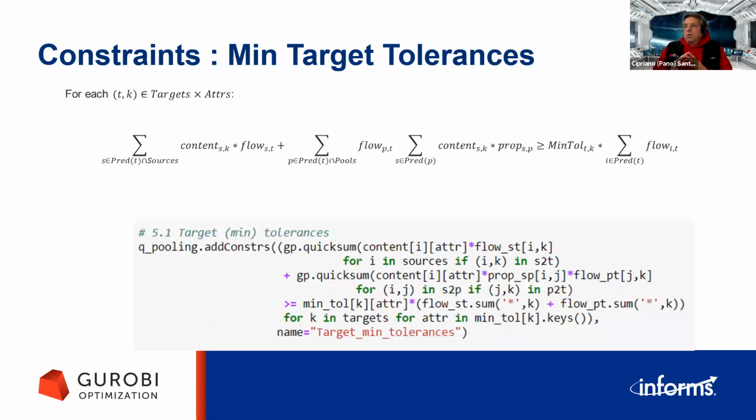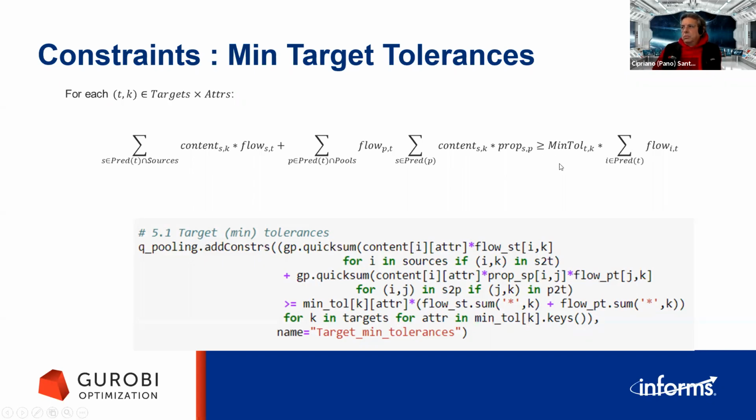This is a more complicated constraint. Again, I don't have time to explain all the details, but the key idea to express the mean target tolerance constraints is that you consider the weighted average of the concentration of the attributes of the blended oil at each target node.